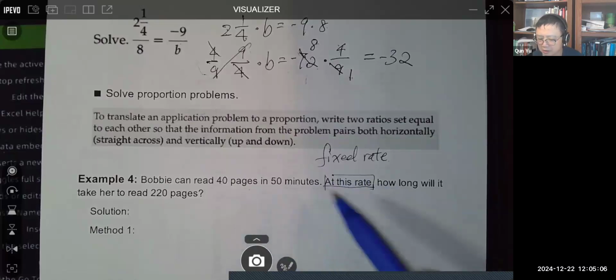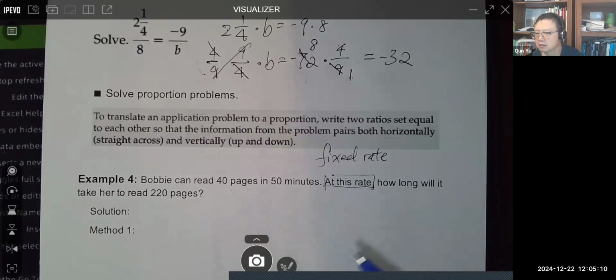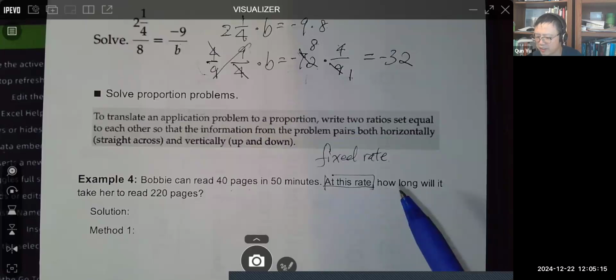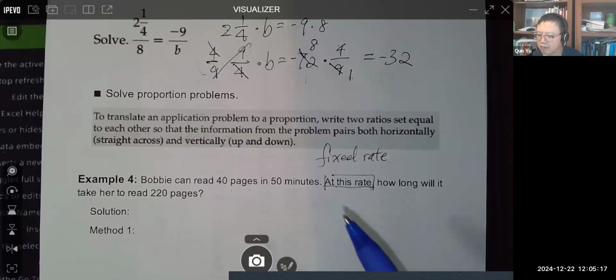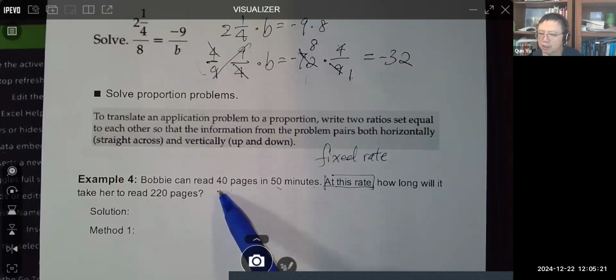This number is a random number. Different people can read a book at different speeds. So these are random numbers, but this one gives us a proportion, a fixed rate. Every 50 minutes, she will be able to read 40 pages. This rate never changes, at least for this particular problem. So this is a proportion problem.